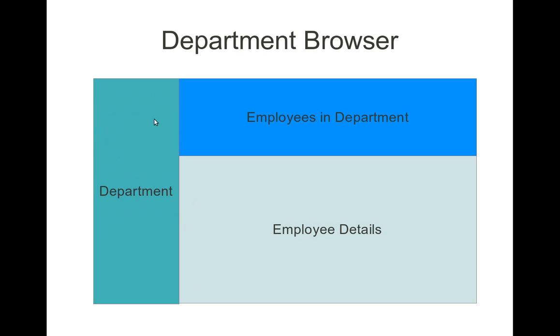As we are browsing the departments, all the employees in that department will automatically be displayed here in a table form. And when we click on a particular employee, the details of the employee will be shown here. So let's go ahead and create this application.